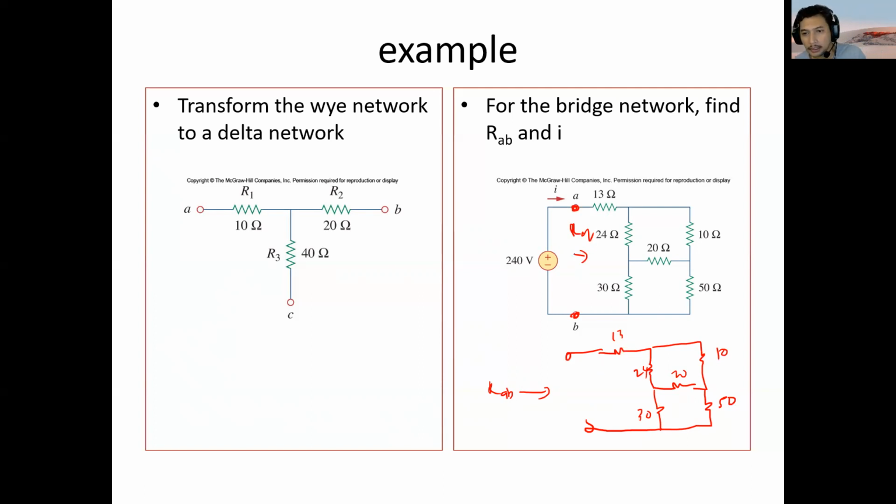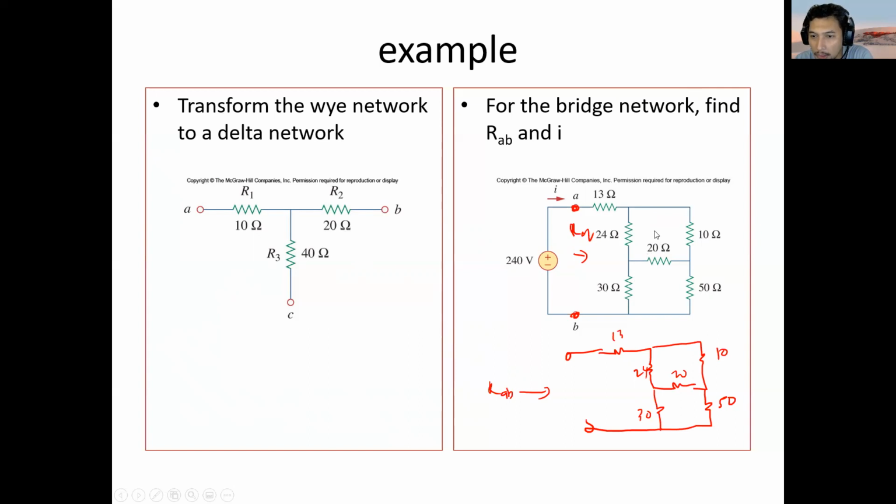As you can see here, the 24 and 10 are not parallel because you have a 20 ohm resistor in between these two nodes. Also, the 30 ohm and 50 are not parallel, because there is a 20 ohm in between.